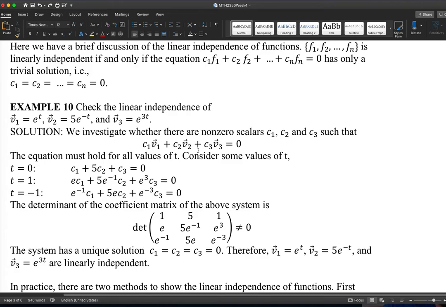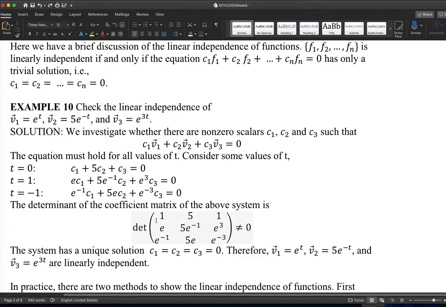The system may look very complicated, but if you know matrix multiplication, it can always be considered as the coefficient matrix times the C1, C2, C3 in column fashion.